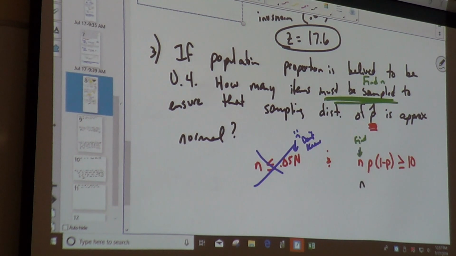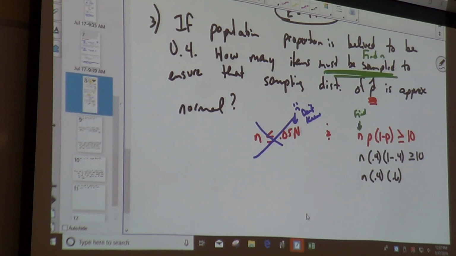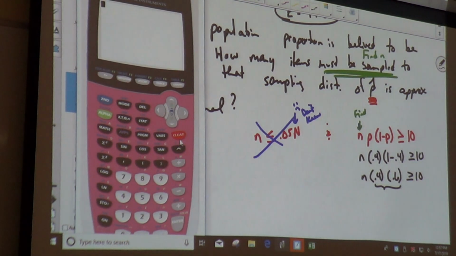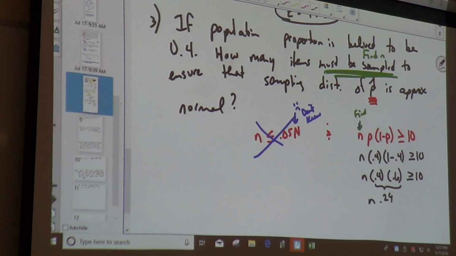So it's going to be n times 0.4 times 1 minus 0.4. So it's n times 0.4 times 0.6, because 1 minus 0.4 is the same thing as 0.6. 0.4 times 0.6, I'm going to clean up in my calculator first, is 0.24.